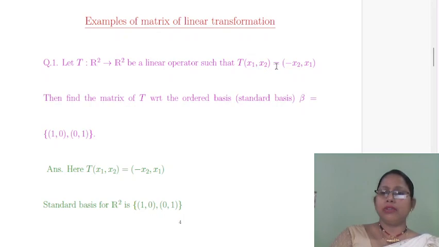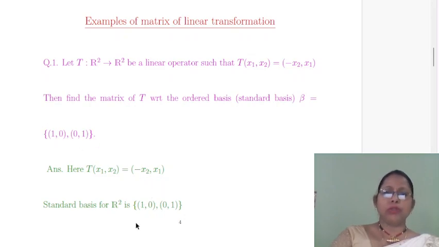Given T(x1, x2) equal to (minus x2, x1), and the standard basis of R2 is (1,0), (0,1). So T image of (1,0) is (0,1). Expressing this (0,1) in terms of the basis elements, that is 0 into the first element plus 1 into the second element, I will get (0,1).